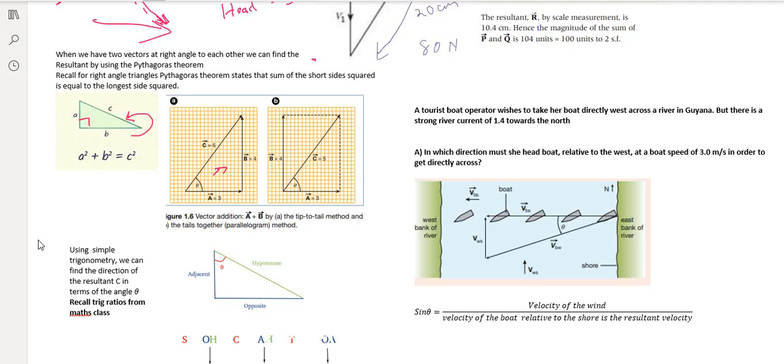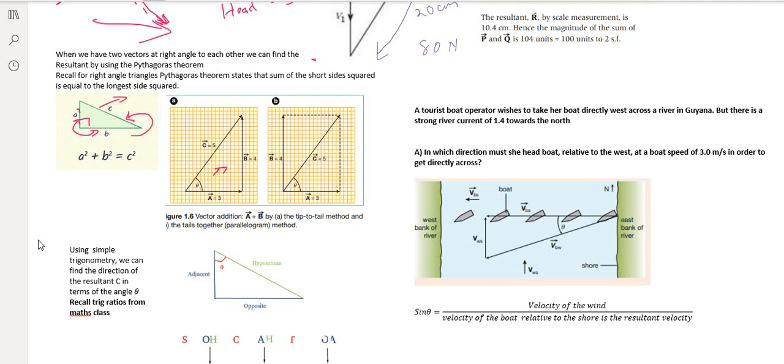Let me go back over this. Now c is the longest side of the triangle. So if that's the longest side, then these two here are clearly less in length than c. This is why you must square both sides here.